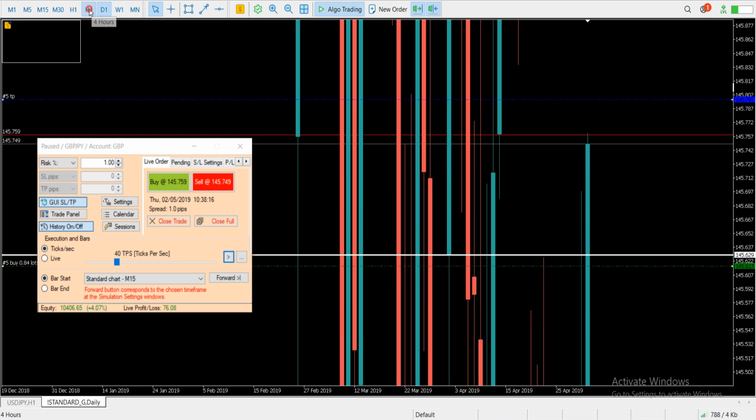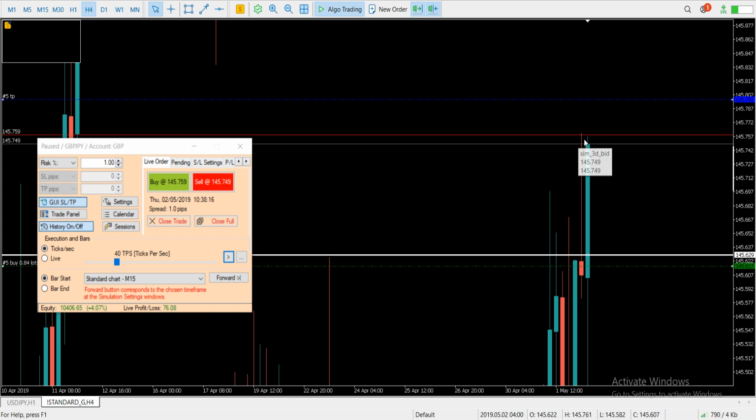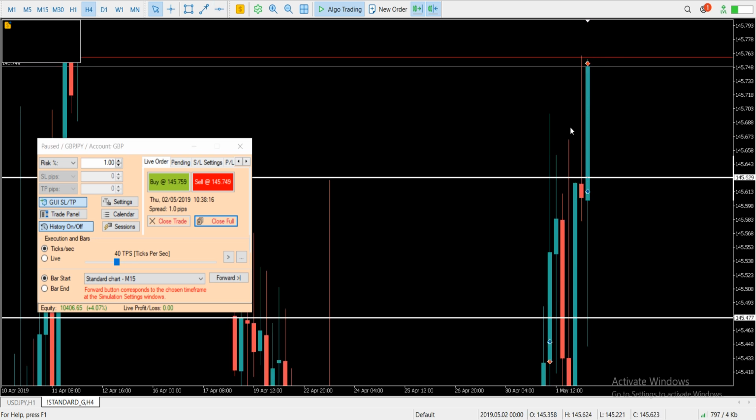Looking at the 4-hour, we are almost reaching that wick fill area, so I would say maybe I should close the trade. Yeah, because price could also reject from this area, right?